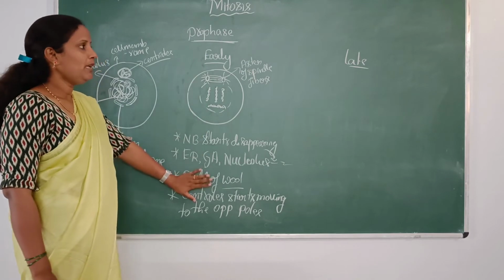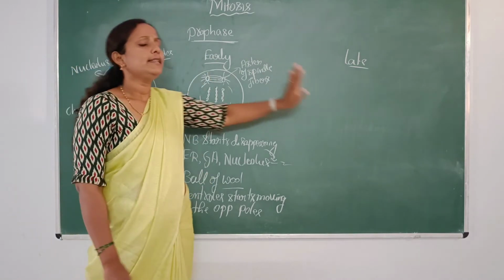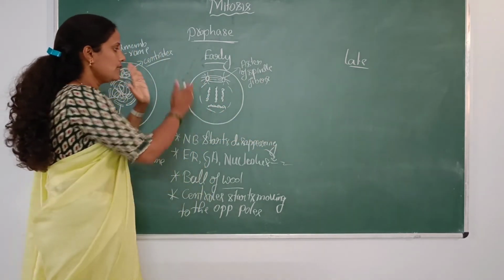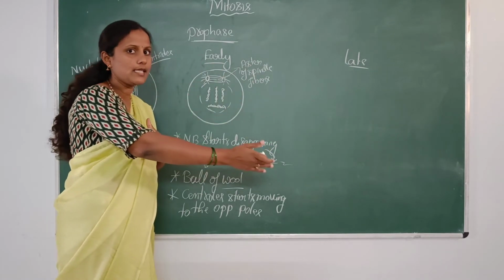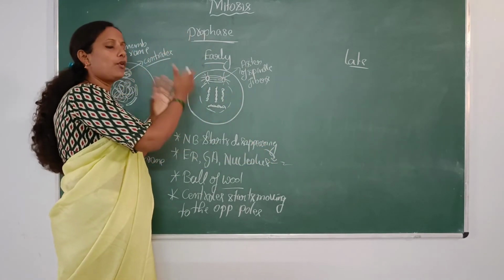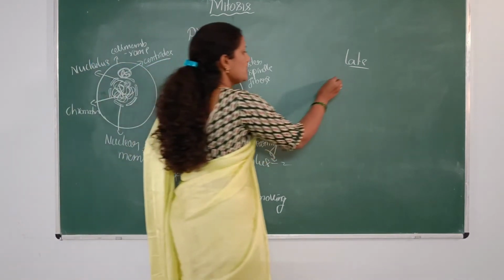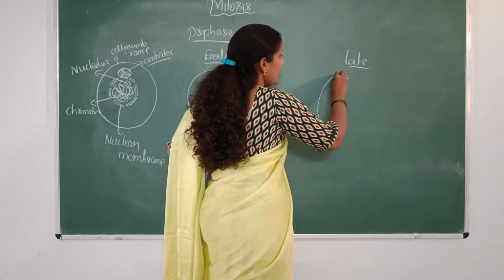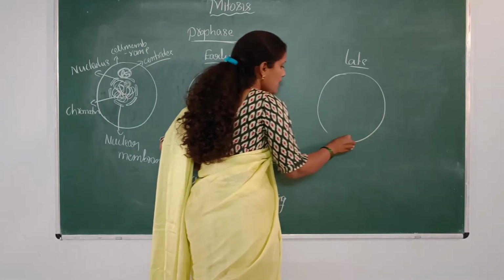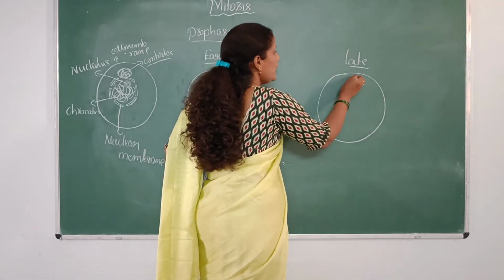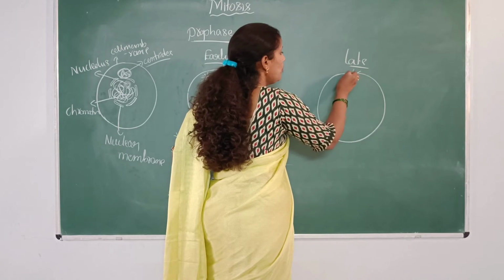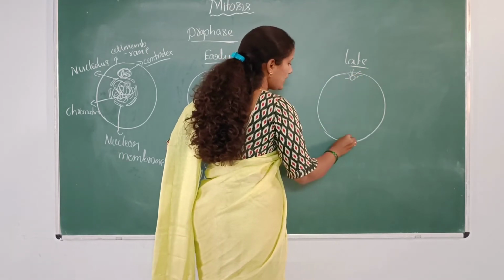And now, at the late stage, the events will gradually happen once the prophase reaches its end. Then what happens is, the events in the late prophase are these: the centrioles have already moved towards the opposite poles like this.